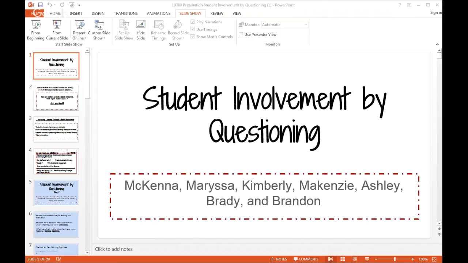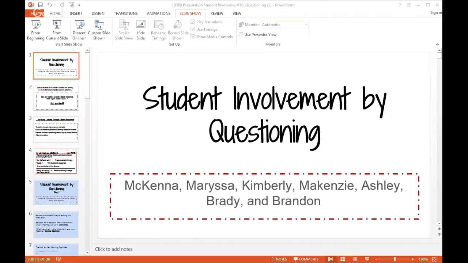So the questions that we ask can provide us information on where our students are at in that moment. If you're doing a math lesson, you can assess where the student is by asking them a question about the math problem you want them to solve, to see if they're understanding the content. And if not, you can make decisions, which is the second point. You can make decisions on where to go next.